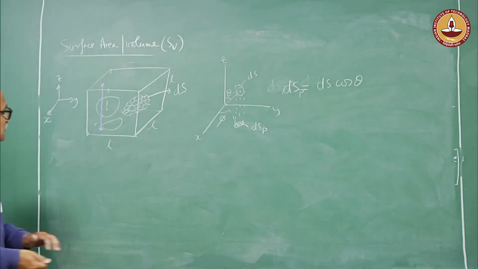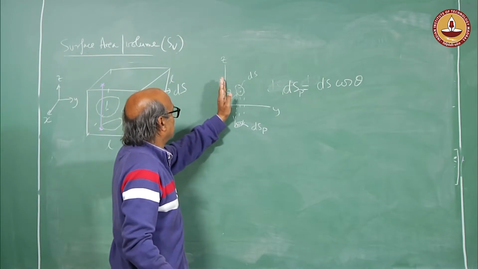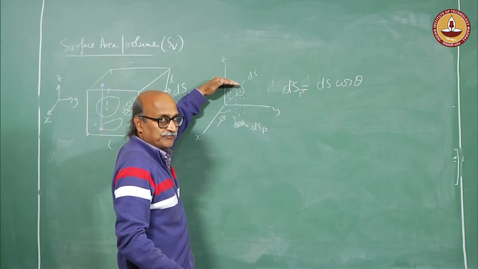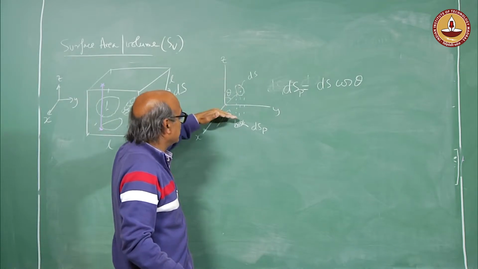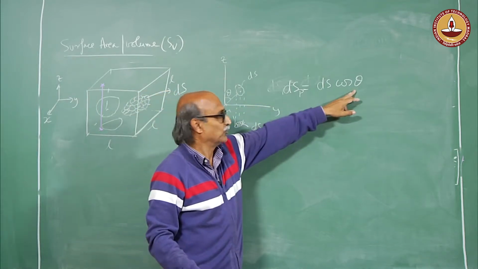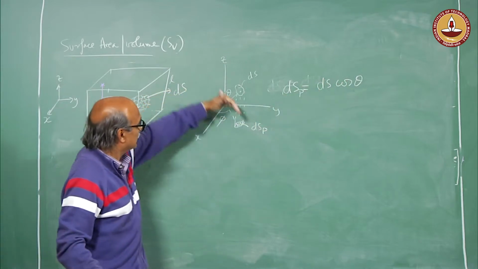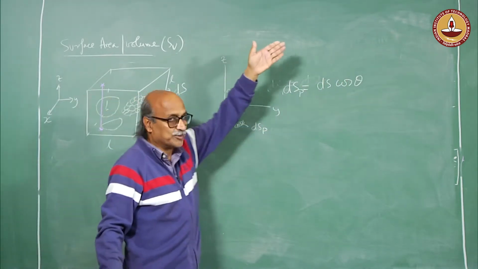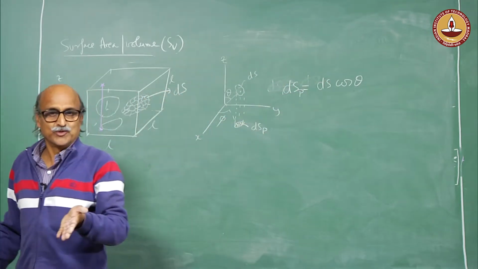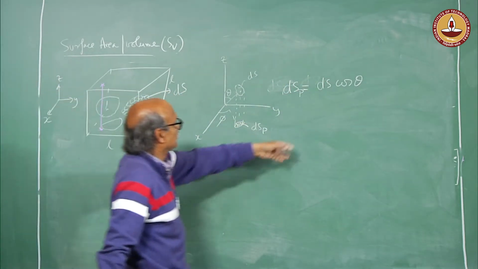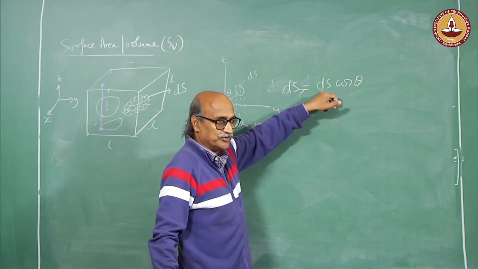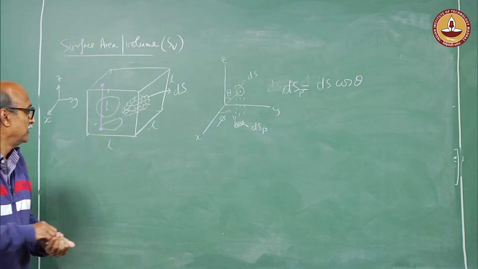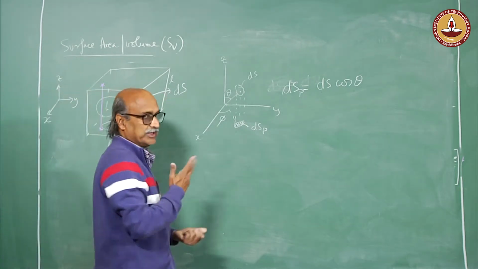You can see this: when theta is 0, this element is aligned perpendicular to the z axis. It will get projected as ds and cos theta will be 1. If theta is 90 degrees, then it will project as a line which has 0 area. So, when theta is equal to pi by 2, it gives you 0, and it is going to be independent of phi. So, you can rotate this, you will get the same.